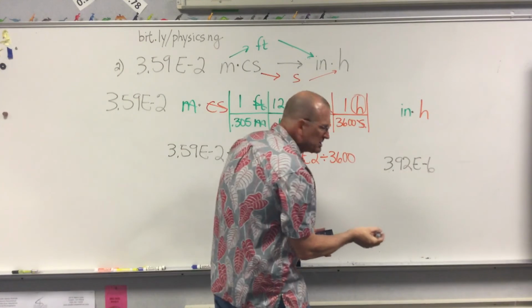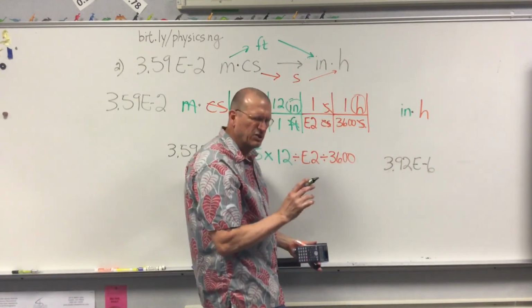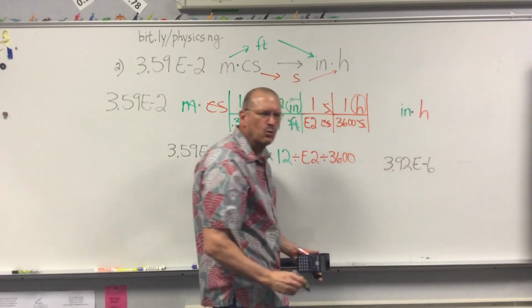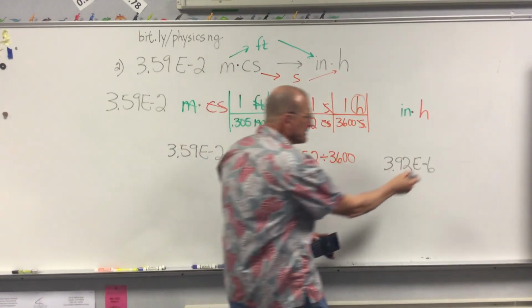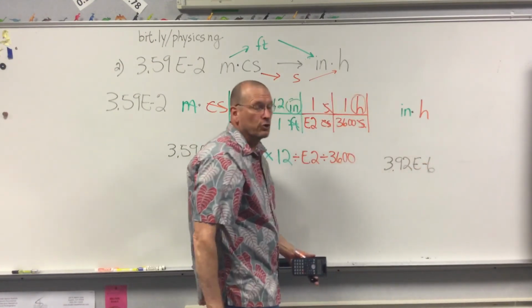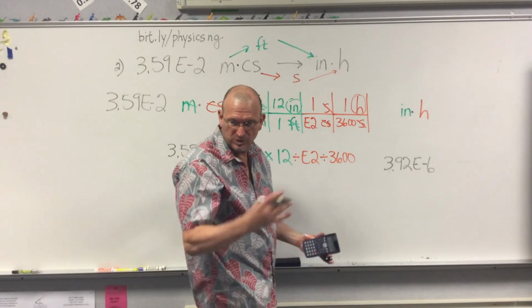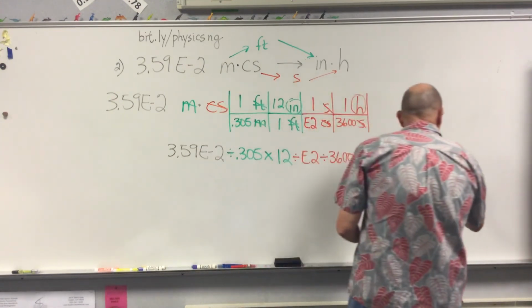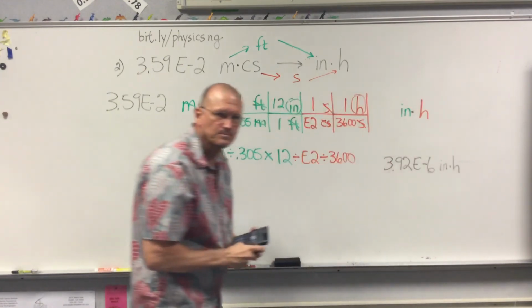I believe I mentioned this earlier, that when you look at the answer, if your first 2 digits match, you're good. The third digit can be a little wiggly depending on the particular conversion factors you use. And then your power of 10, your E value, that has to be identical, which in this case it is. And then my units would be inches times hours.